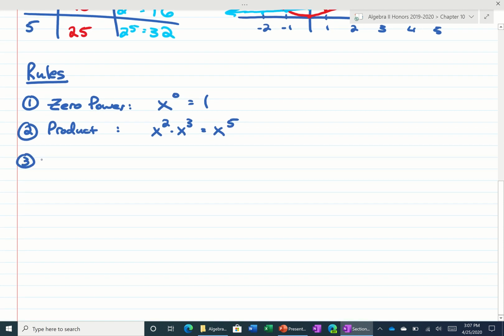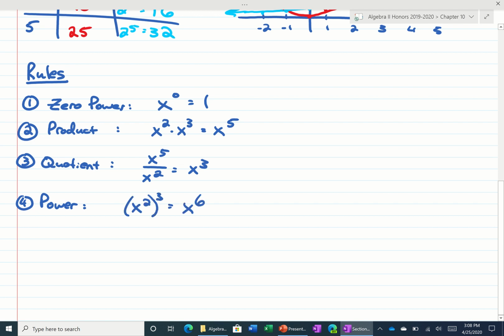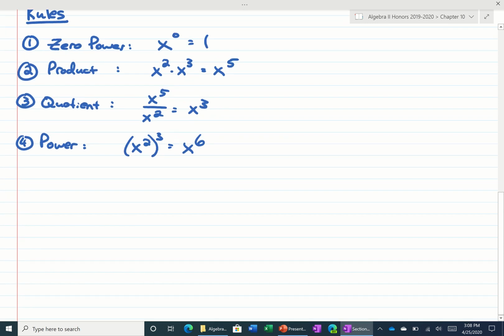Quotient property says if we're dividing the same bases, we could subtract the exponents. Power property says that whenever you have a power to a power, you multiply. And the last one is the property of equality.